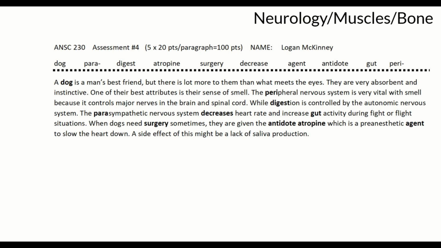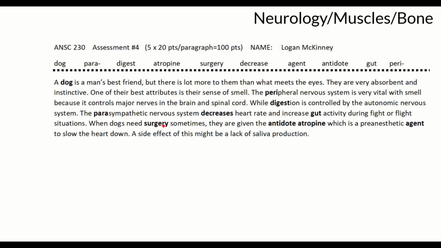Okay, but tell us how. The parasympathetic nervous system decreases heart rate, that's right, and increases gut activity during fight or flight situations. No. The parasympathetic nervous system does increase gut motility, but during fight or flight, gut motility is decreased and heart rate is increased. So those things don't quite match.